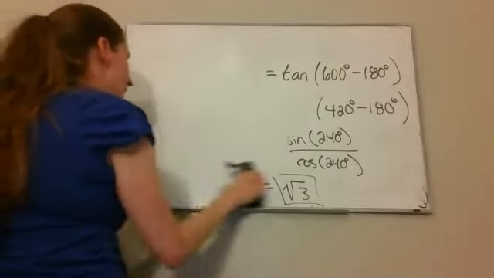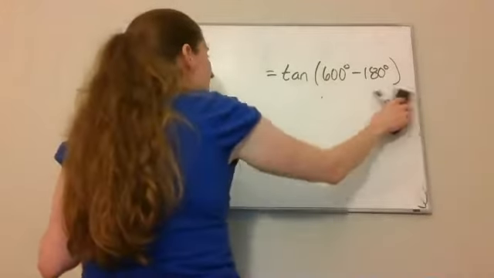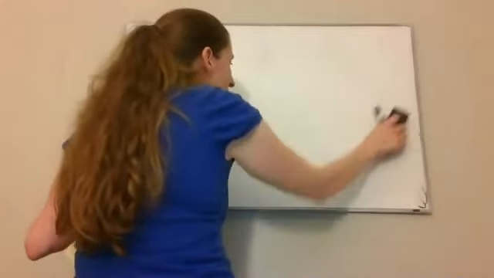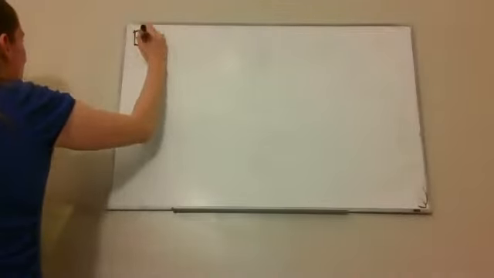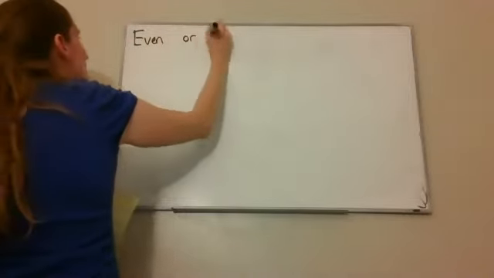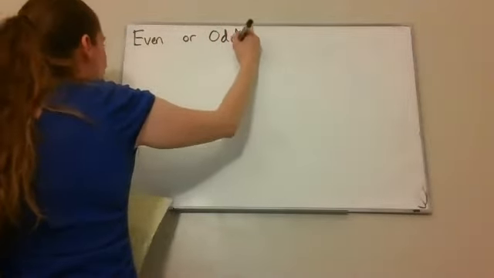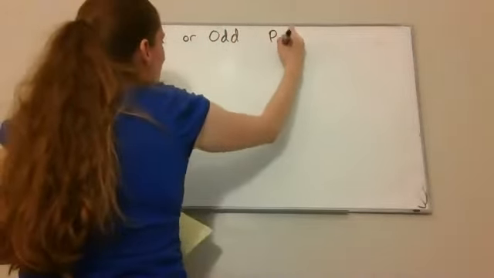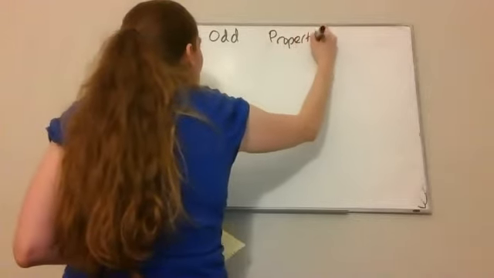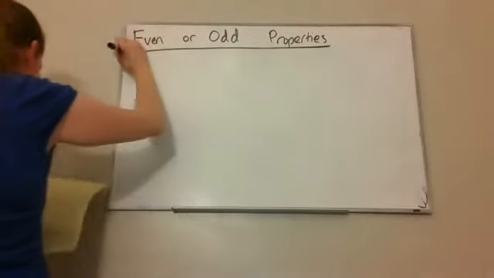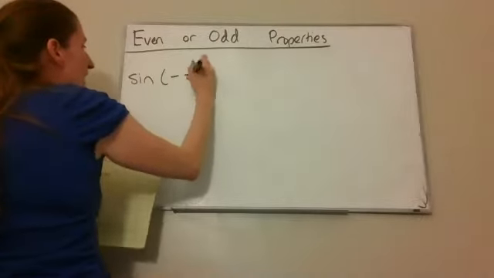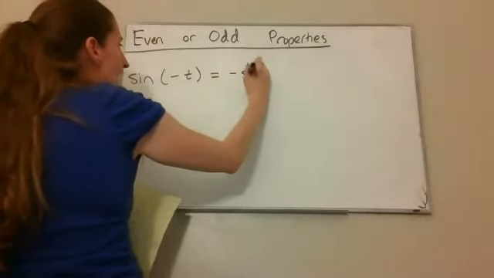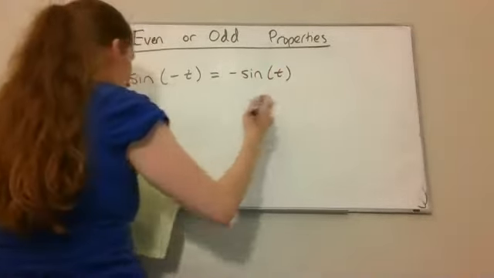So talking about our trig functions, we've learned that we have very particular domains for our trig functions, and we've learned our trig functions are periodic. And we have some other properties of our trig functions as well. Some of our trig functions are even, and some of them are odd. So sine of negative t is equal to negative sine of t.